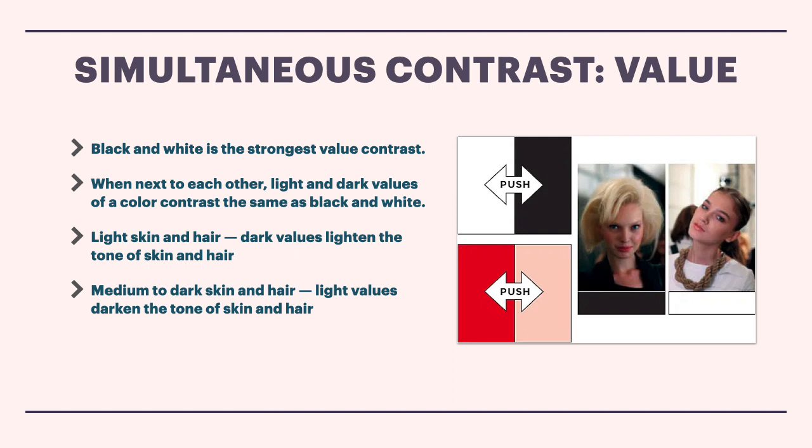Individuals with light skin and light hair will find that by wearing darker clothing that their skin tone and hair tone appears even lighter. Those with medium to dark skin and hair will see that by wearing lighter color clothing that their skin tone and hair tone will darken.